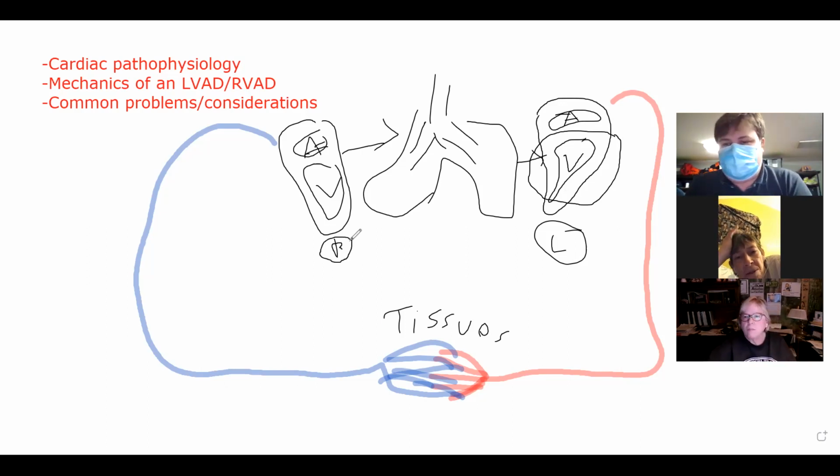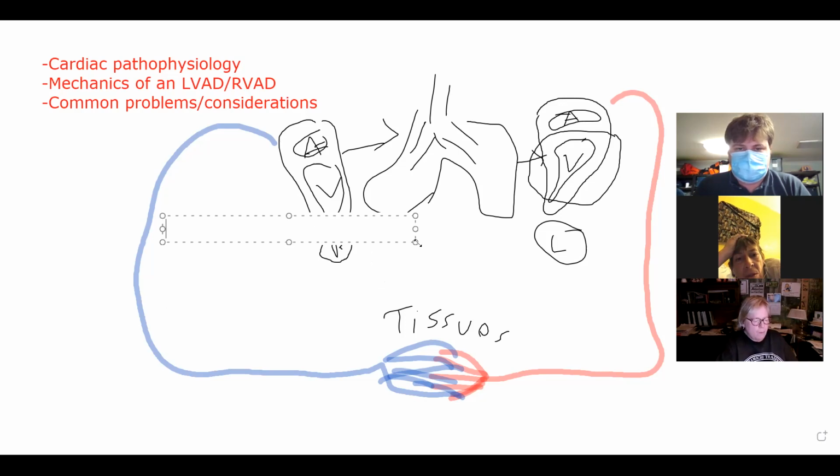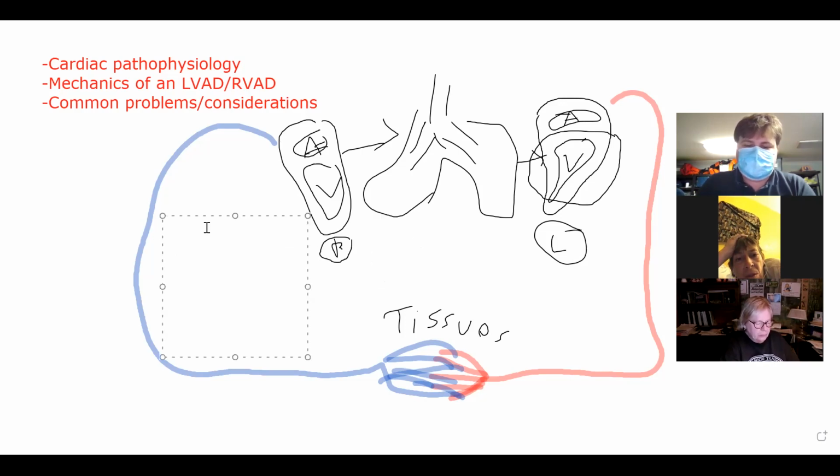So when we're looking at putting a ventricular assist device into someone, it is really because something has happened to the muscle of the heart that is causing it to not work anymore. So what we are seeing in a patient with a need for a ventricular assist device is some sort of cardiac disease that weakens the muscle.